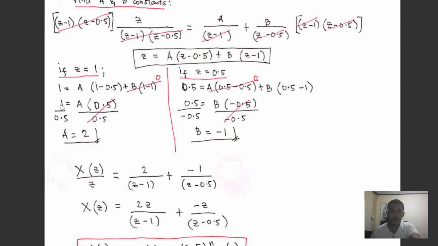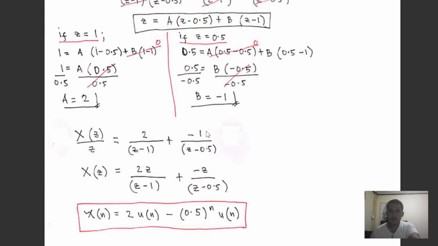Then we do the solving, which is a equals 2. And then if z equals 0.5, we do the solving. This is equal to 0 because 0.5 minus 0.5 is 0. We do the solving and we get b equals negative 1.